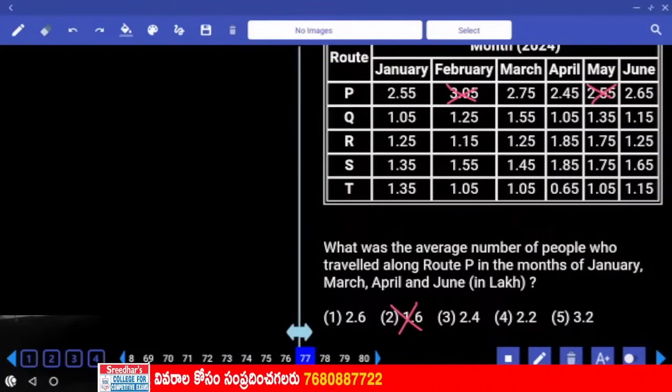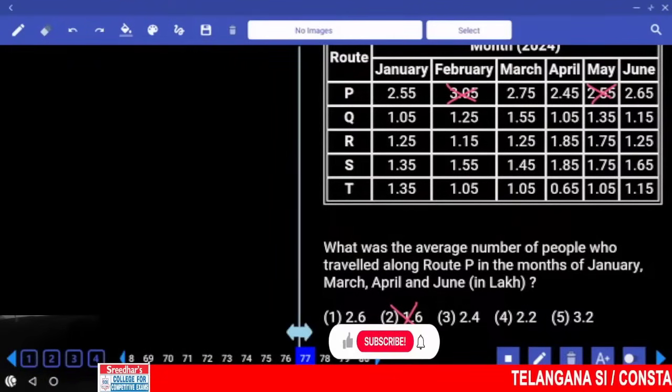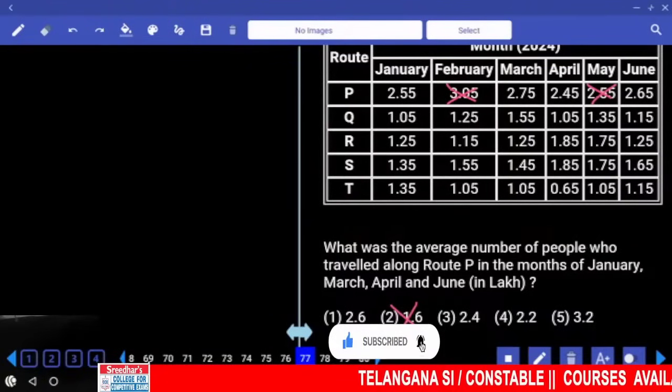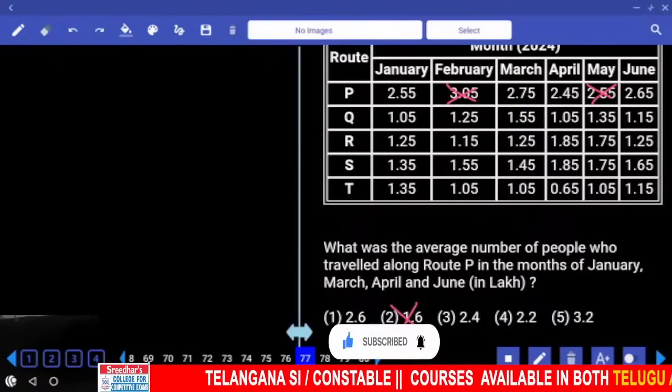Out of those existing numbers, what is the minimum number? 2.45 is the minimum. Highest? The answer should be in between those, right? Go to options. Can it be first option? Yes. Can it be third? Fourth? Fifth?